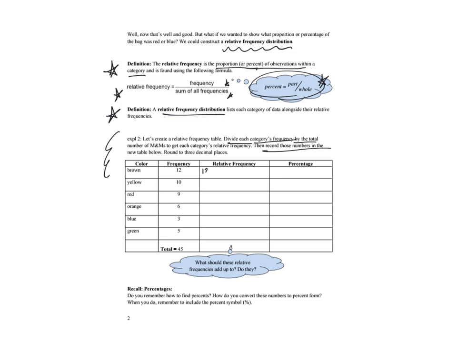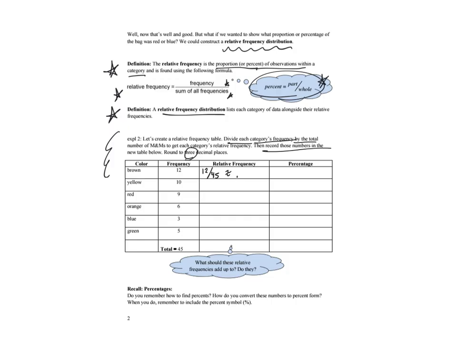So there's 12 brown M&Ms. I'm going to divide it by the total. Okay? And then whatever that happens to be, we're going to round that to 3 decimal places. So here I go, and that looks like 0.266666666, right?